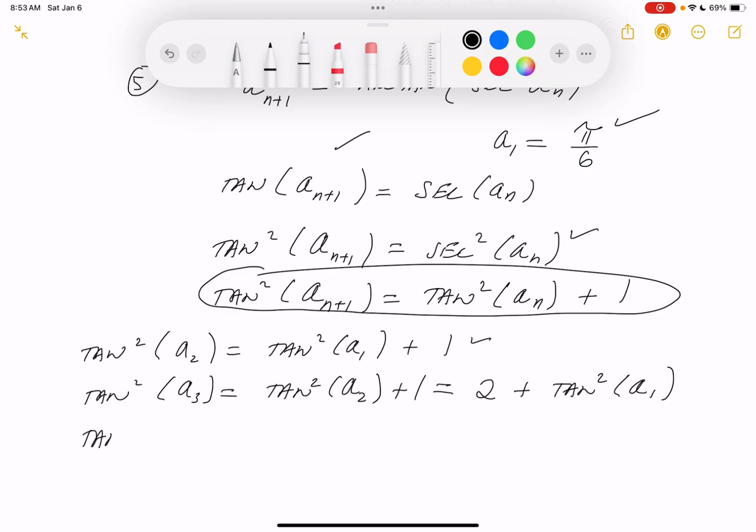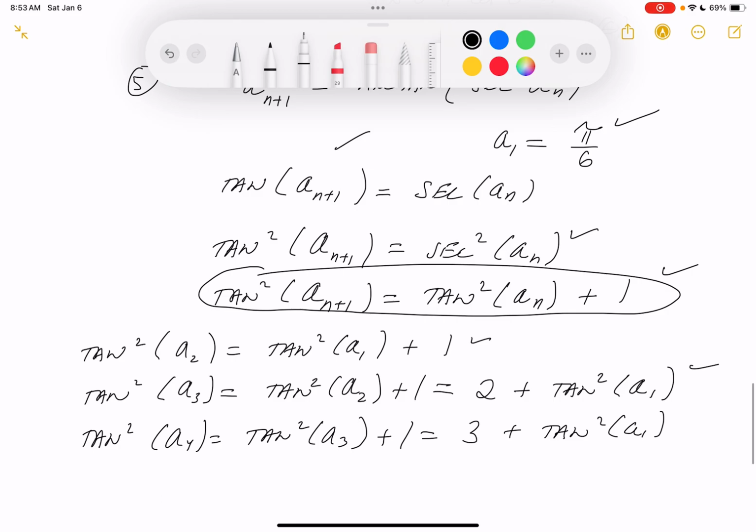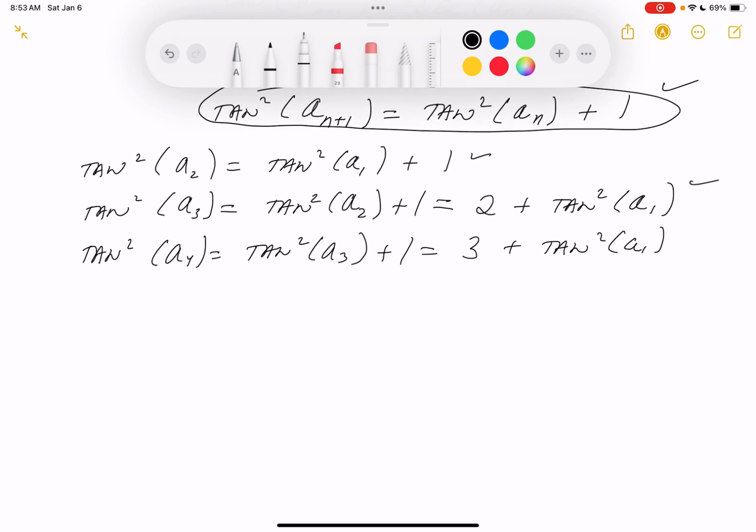Tangent squared A4 would equal tangent squared A3 plus 1, and A3 is this guy up here, so I get 3 plus tangent squared A1. I have to keep going, and it's going to keep going and going, but I see there's a pattern.